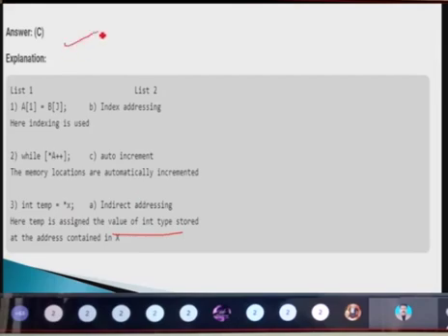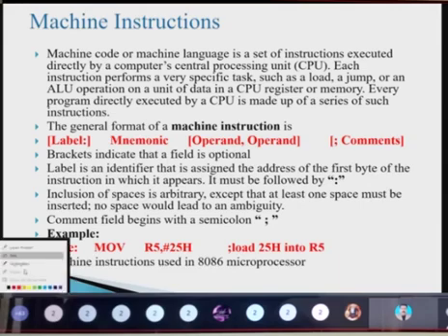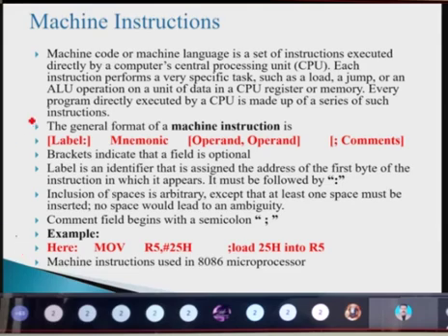The explanation part they have given here. Under the machine instruction, as I said previously, it is a set of instructions executed directly by a computer's central processing unit, that is our CPU.